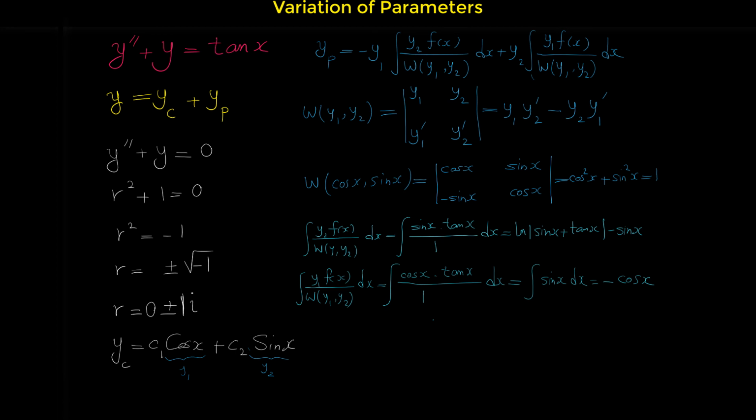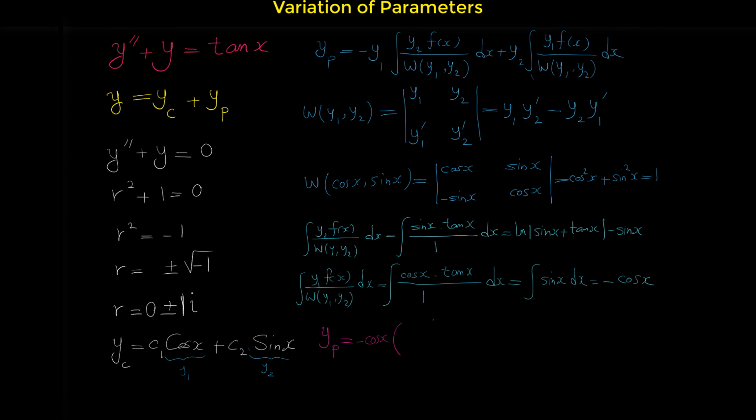Now that we have the value of these integrals, we can put the values instead of the integrals, and so we can find the particular solution. So the particular solution equals negative y1, negative cosine x, times this integral.